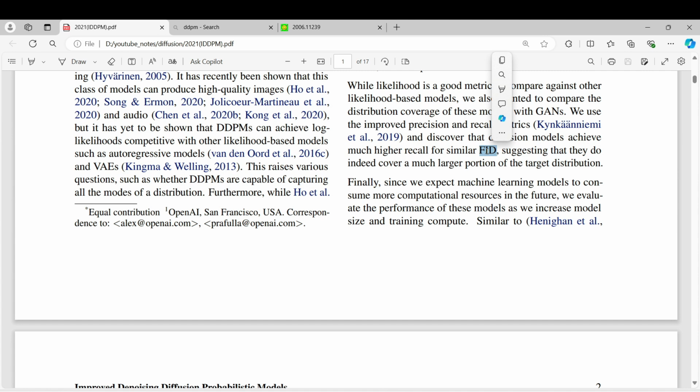This is also another metric for diversity, how diversely it covers the distribution. So this factor considers the diversity, suggesting that they do indeed cover a much larger portion of the target distribution. By using this metric, they suggest that they cover much more of the target distribution.